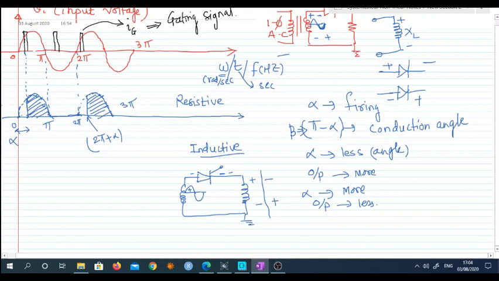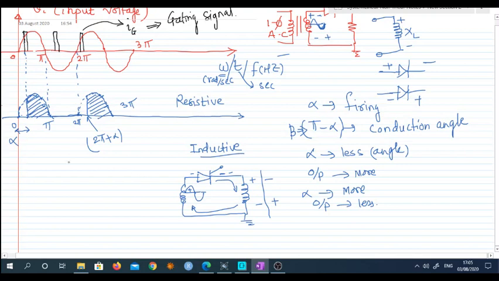Okay, so in this case the current will flow from the inductor in this way, and back to this side, and in this way the inductor gets de-energized. Initially it was unenergized, then it is charged to the full value, and again during the negative half cycle it gets de-energized, making its polarity like this.